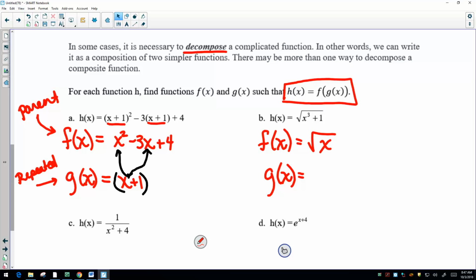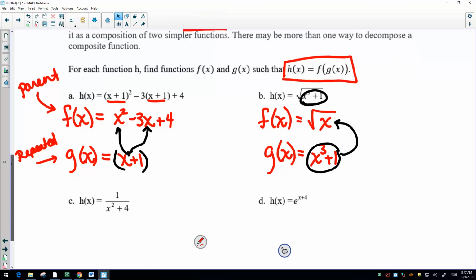Anything that's not part of that 12 basic function, which is all of that x cubed plus 1, looks like that's going to be my g of x. That's saying anywhere I see an x in my original f function, I can plug that in. So if I were to plug that all in, 2x, I see I can compose h of x back.